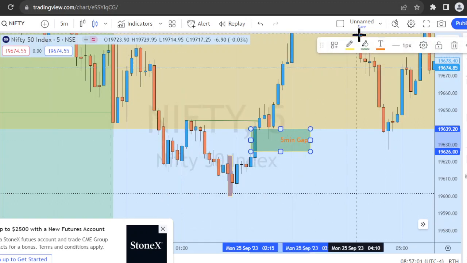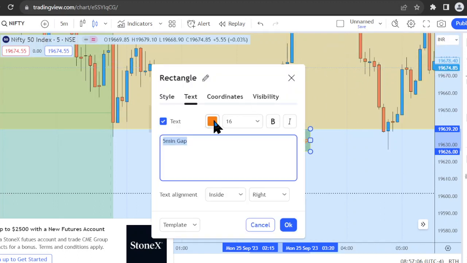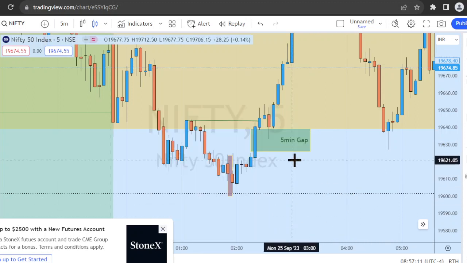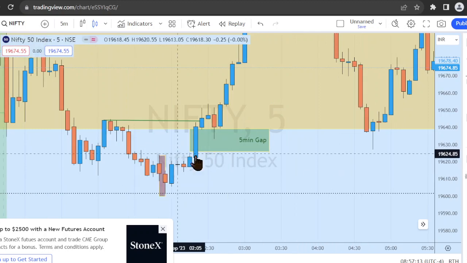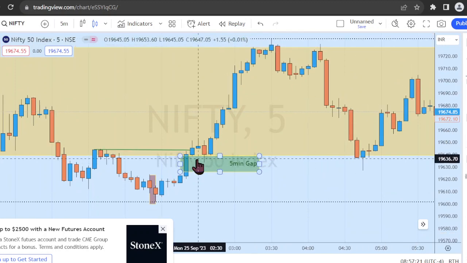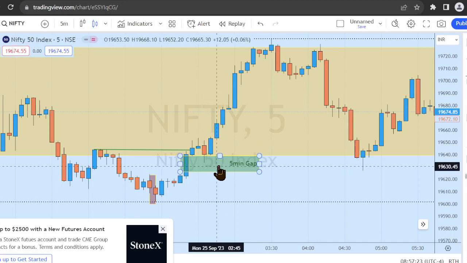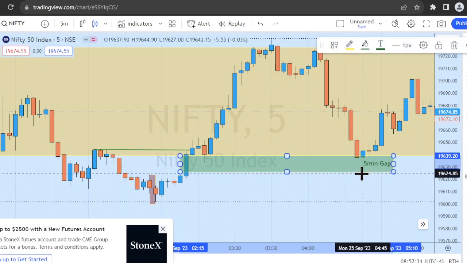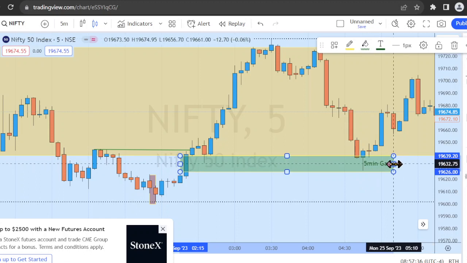That's your 5 minutes gap right here. So you can see you could have got in right here, and you would have got this move here. If you miss that again, you could have got in right here. So that's on a 5 minute candlestick.